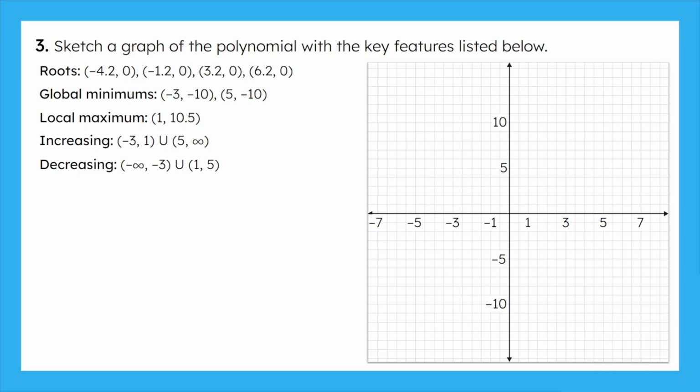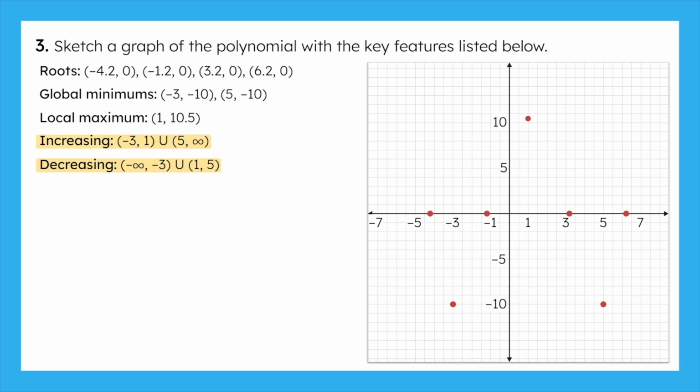All right, let's see how you did. The first thing I did was plot all the points. That's all 4 roots, the 2 global minimums, and the 1 local maximum. Next, we have intervals of increasing and decreasing.